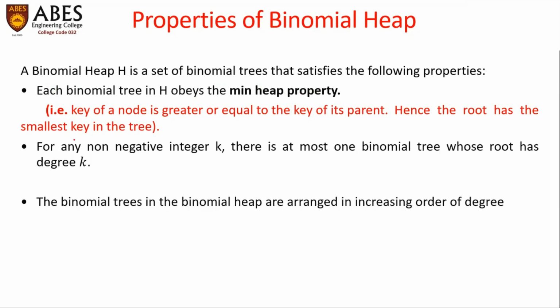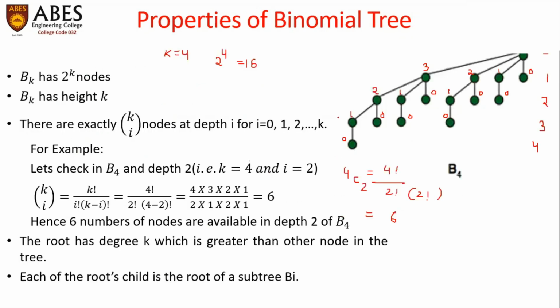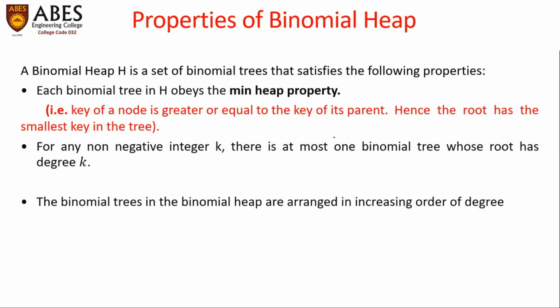Now, according to the second property, for any non-negative integer k, there is at most one binomial tree whose root has degree k. This property we have also tested here. Like one root node should be there whose degree is equal to k, right? Now, the binomial trees in the binomial heap are arranged in increasing order of degree.